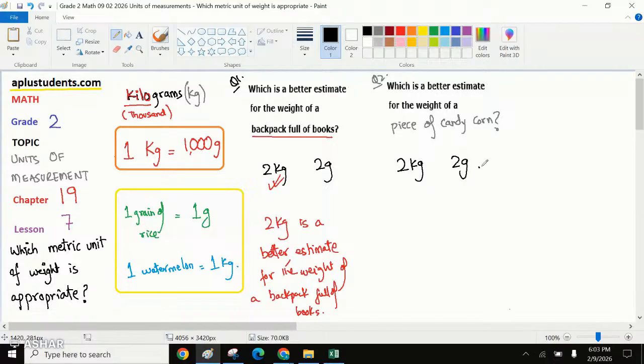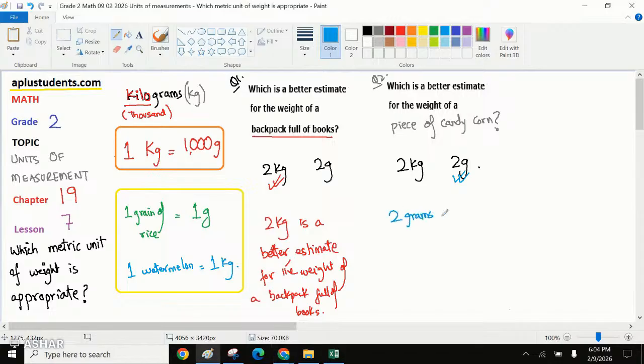So which is a better estimate? Which is a better measure? Can a candy weigh more than 2 watermelons? No, it should not. So we can say that.